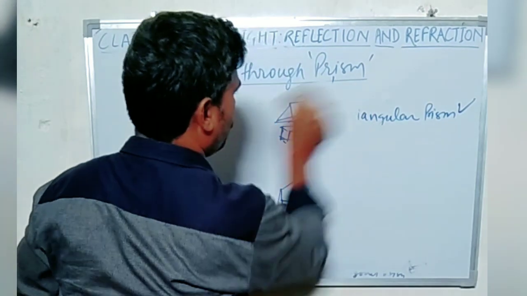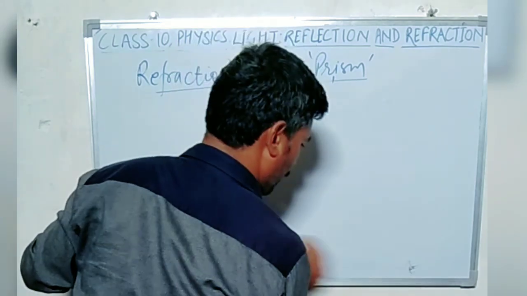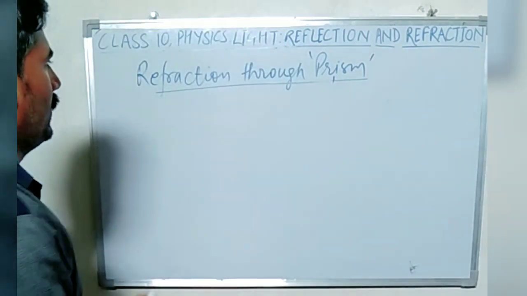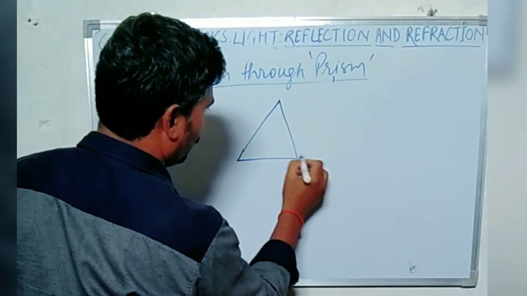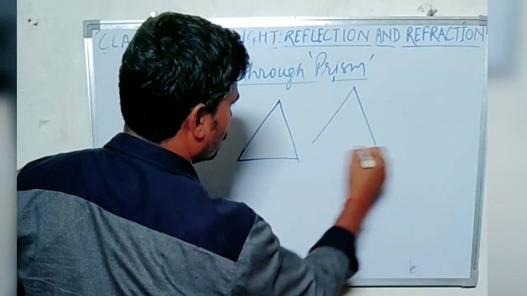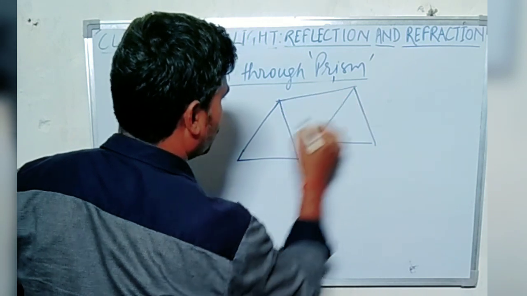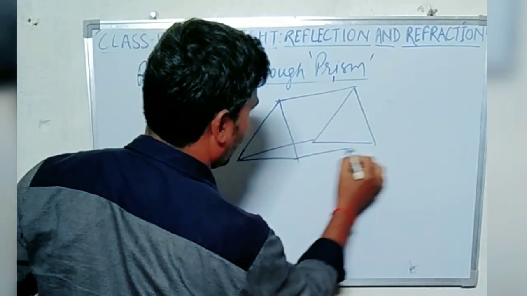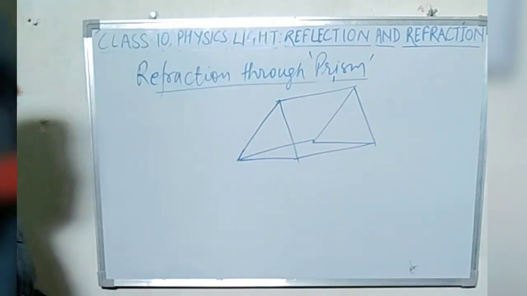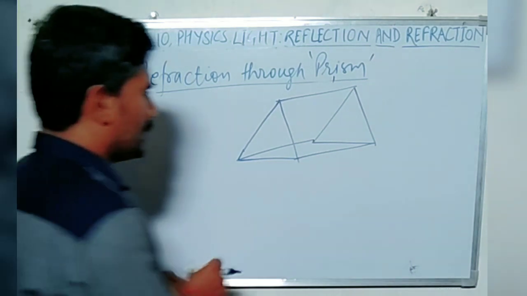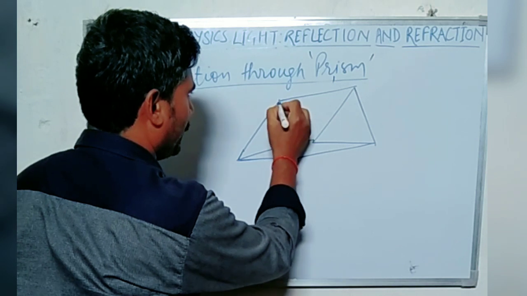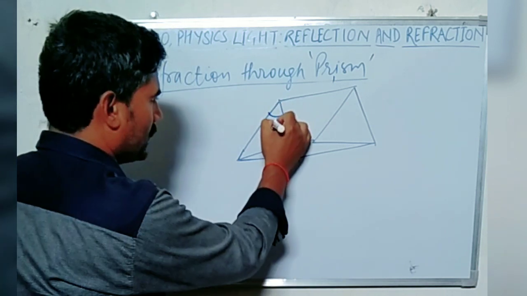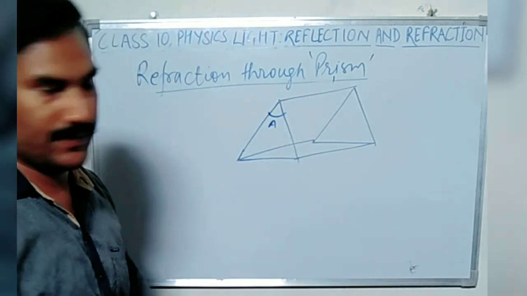For this, in this triangular prism, we must know about certain surfaces which are like these. The triangular surface always gives us the angle of prism.